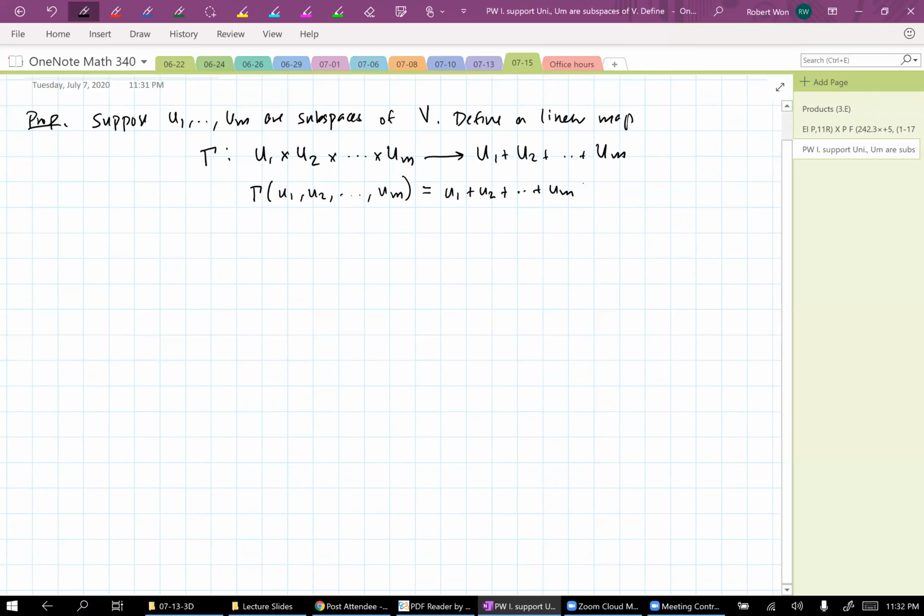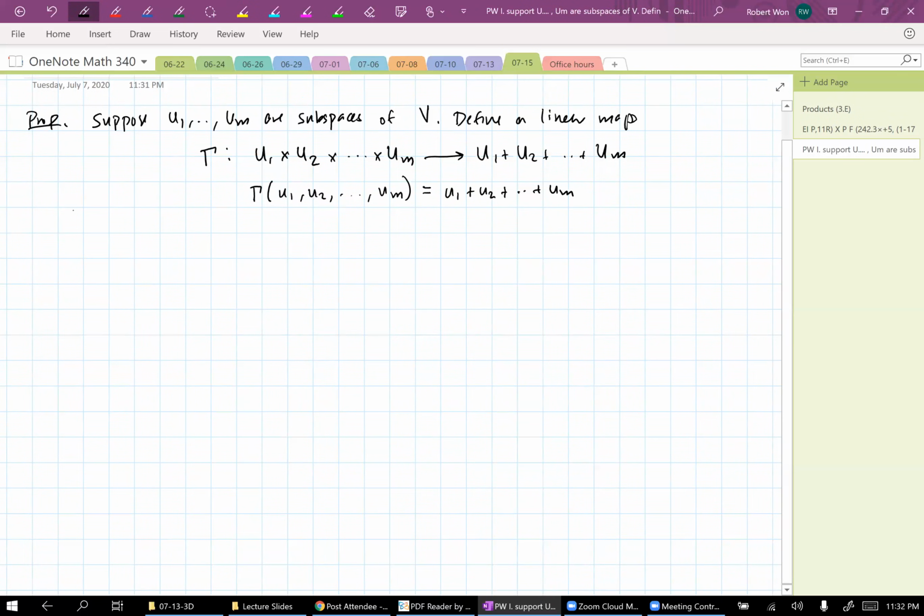This sum is defined because each of these ui's is an element of a subspace of V, so these additions can happen in V. I will not prove that this map is linear, although it's not difficult to show. You just show that it obeys addition and scalar multiplication. So you always get a linear map from the product to the sum.